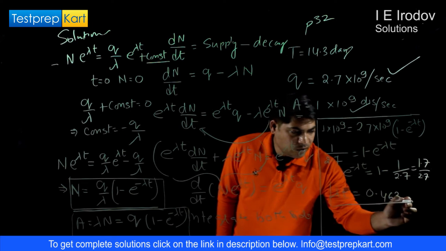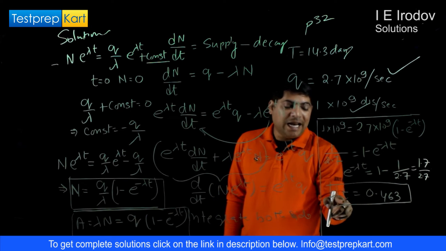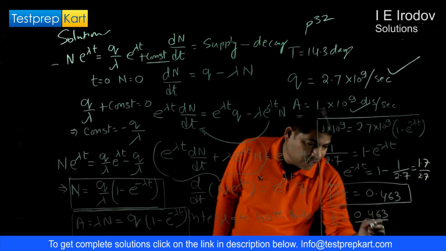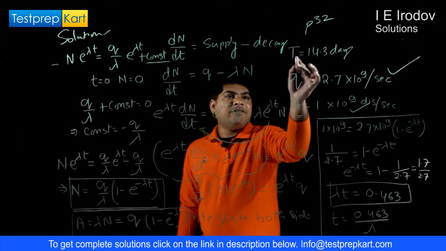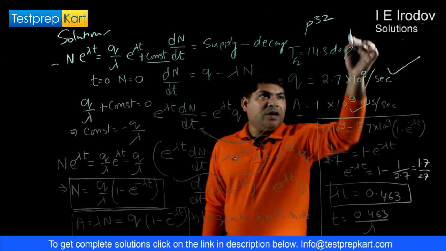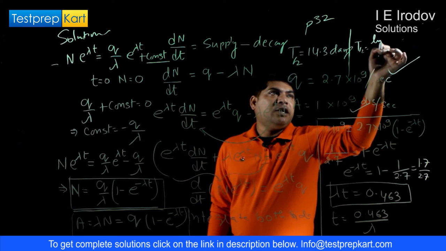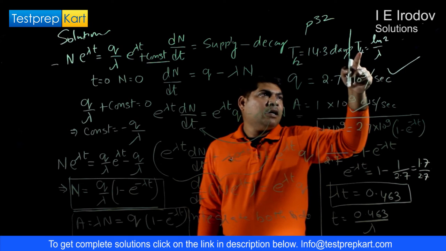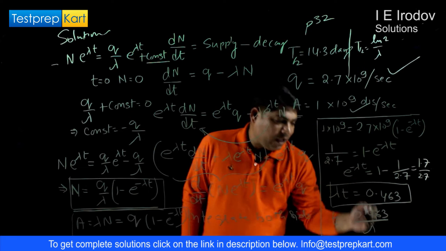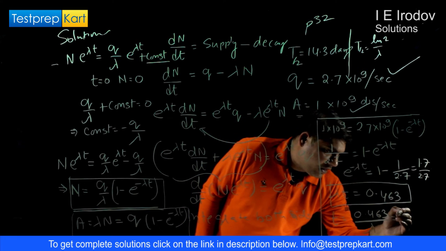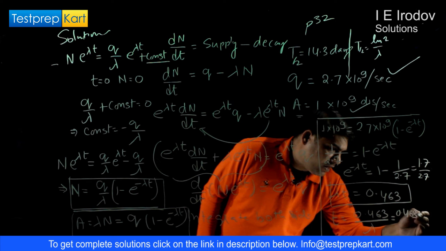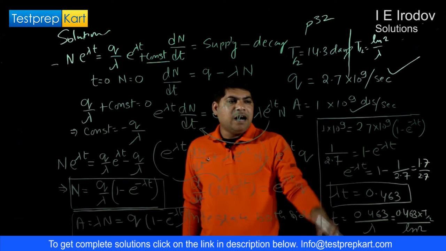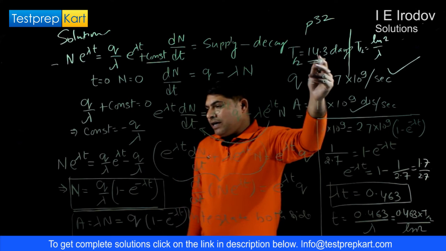From there we get λt equals 0.463. Now we have to calculate time. So time equals 0.463 over λ. Here λ is not known, but the half-life is given, and we already know that half-life equals ln 2 over λ. So we can replace λ by ln 2 over half-life. This expression can be rewritten as t = 0.463 × half-life / ln 2, and the half-life is 14.3 days.